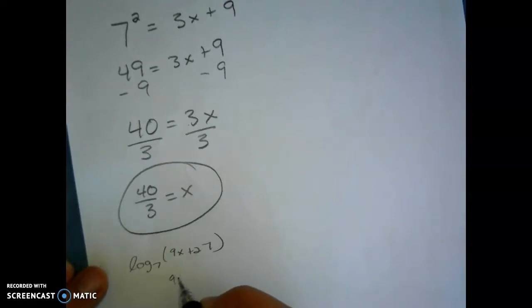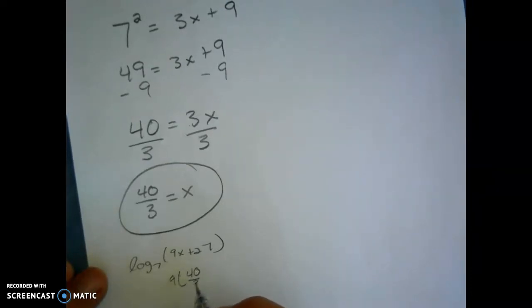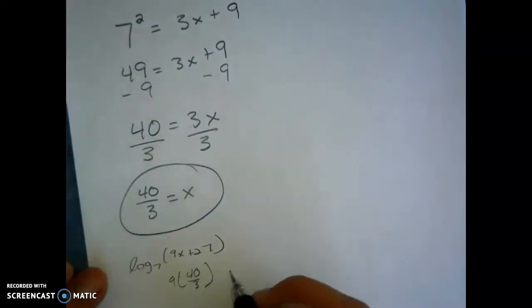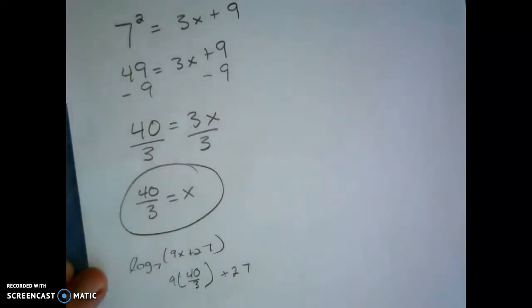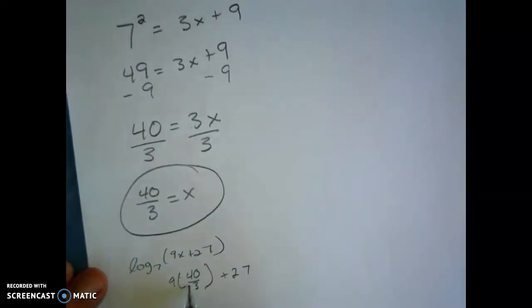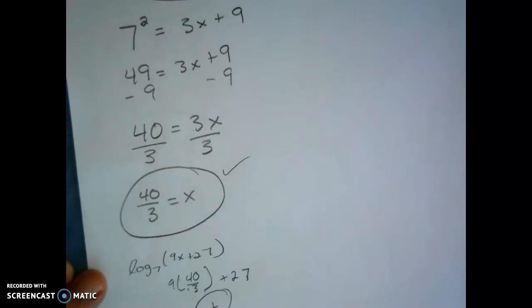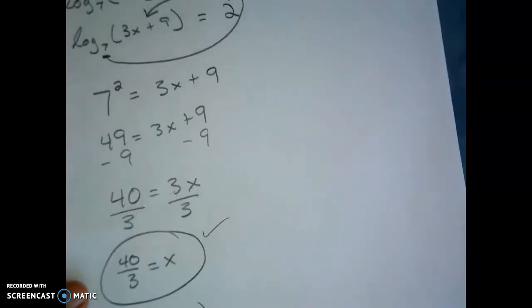If we do 9 times 40 over 3 plus 27, this is a positive number and this is a positive number, so I know my whole thing is going to be positive. So this is not an extraneous solution. So that's my answer.